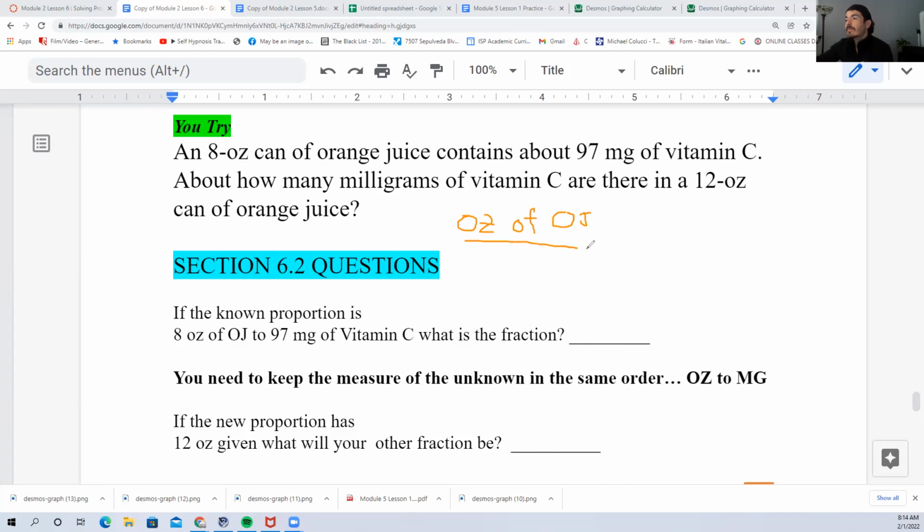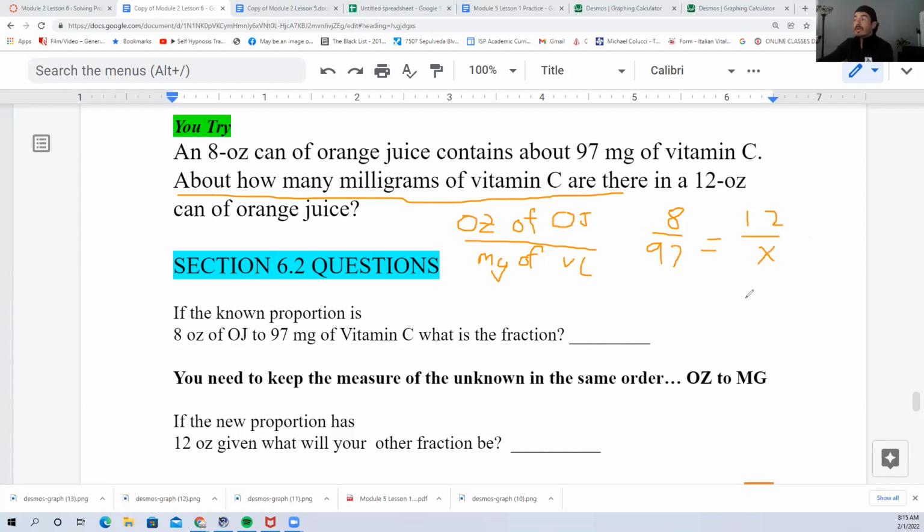And I'm going to define my denominator, my bottom number, to be milligrams of vitamin C, which would leave me with a proportion of initially for the 8-ounce one, I have 8 ounces and I'm left with 97 milligrams of vitamin C. For the second one, I have 12 ounces of orange juice. About how many milligrams of vitamin C are there? And then that's my actual question.